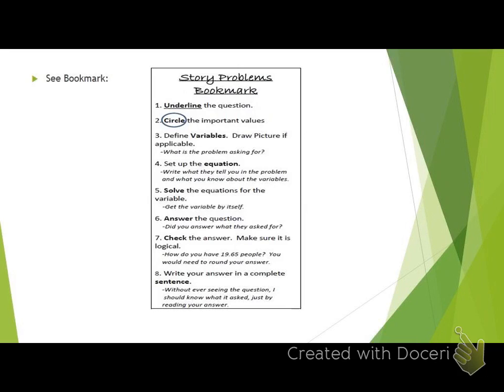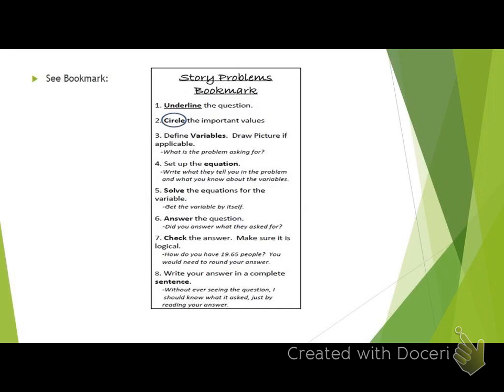Now that we have that together, we want to go back to what we're trying to figure out and start defining some variables, right? And X is what we typically use, but you're welcome to use whatever variable makes sense. The variable needs to be specific. What exactly is it that that variable is going to let us know once we solve for it? And the hard part, setting up the equation, right? And we'll offer up some different types of story problems and some different thought processes that will help us set up equations.